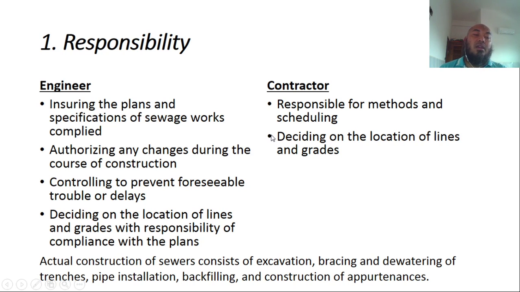Usually the actual construction of sewer consists of excavation, dredging, and dewatering of trench, pipe installation, backfilling, and construction of appurtenances. Appurtenance is, for example, a manhole.